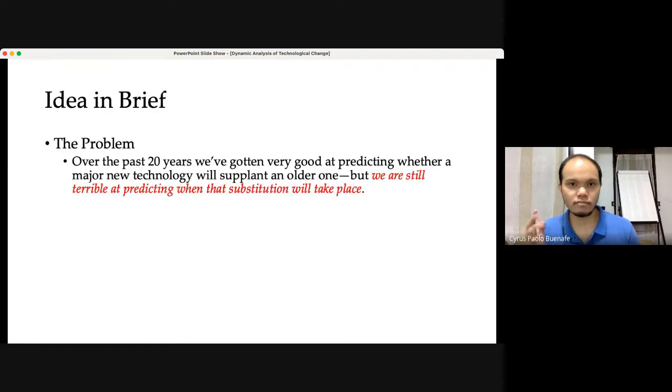Now, the idea in brief, and this is how the authors started, is that over the past 20 years, we've gotten very good at predicting whether a new major technology will supplant or replace an older one. But we are still terrible at predicting when that substitution will take place.